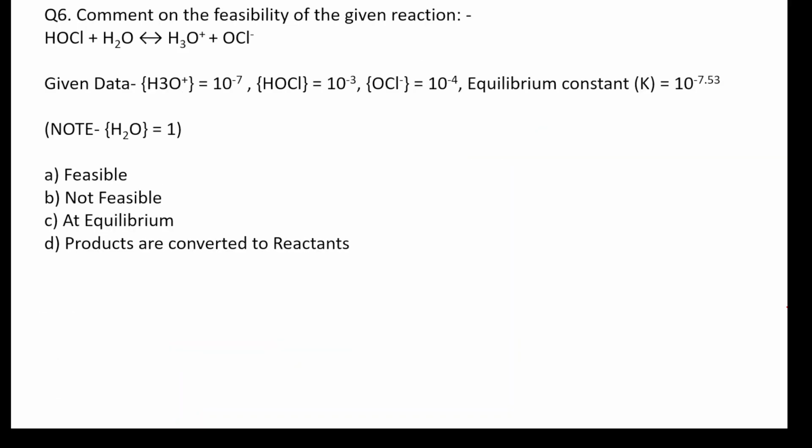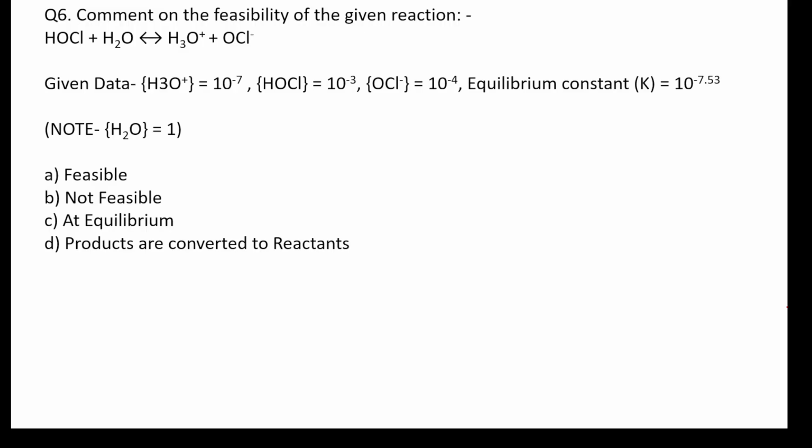Moving towards next question. Comment on the feasibility of the reaction. HOCl, that is hypochlorous acid, is dissolved in water and we are getting H3O plus and hypochlorite ion. And we have the equilibrium constant and the activities of all these compounds. So let me know if the reaction is feasible, not feasible, or it is at equilibrium.